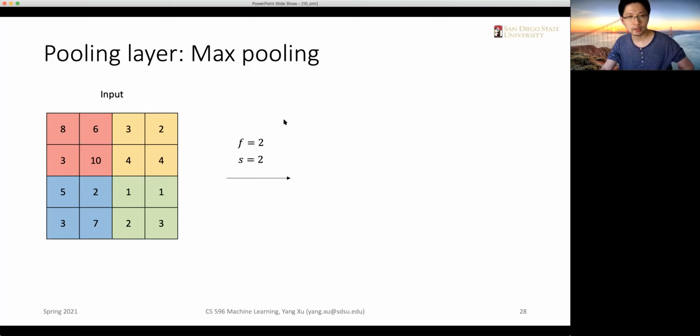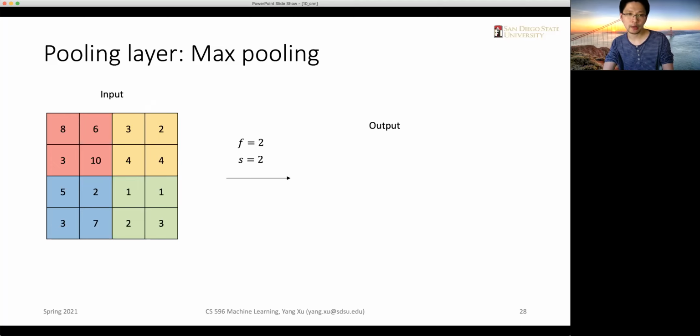So think of the input as this 4x4 matrix, and say we're going to apply a filter that is 2x2, and we're going to slide the filter with a stride of 2, which means we go 2 pixels in 1 step.